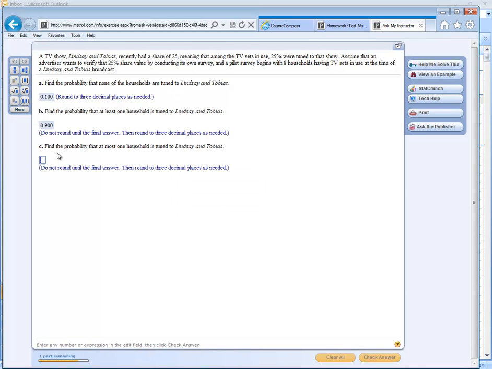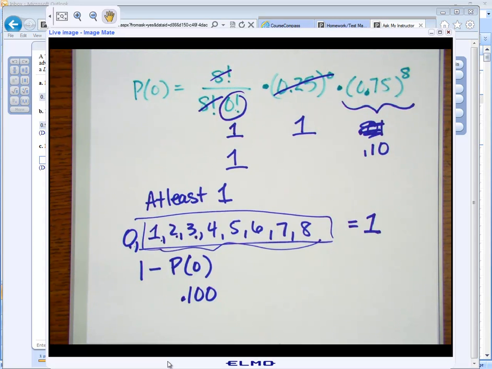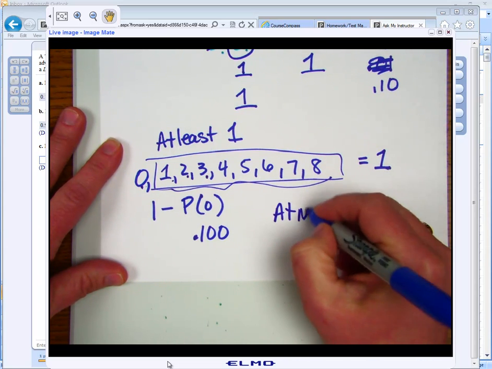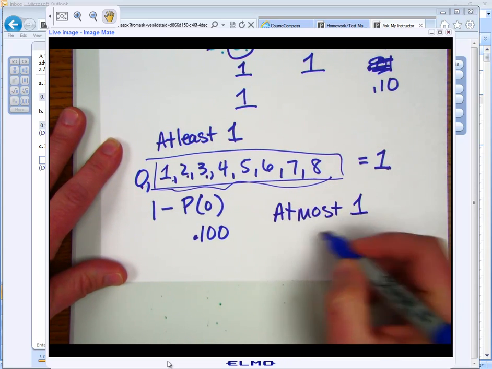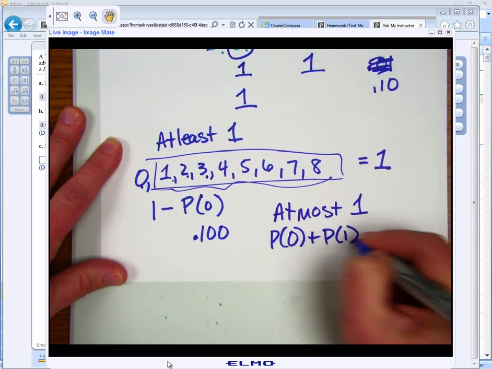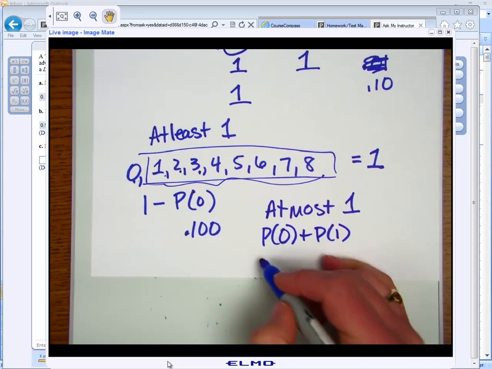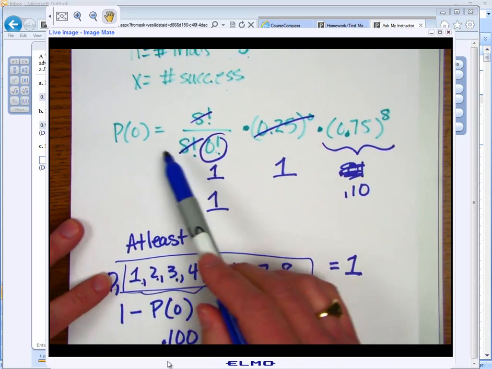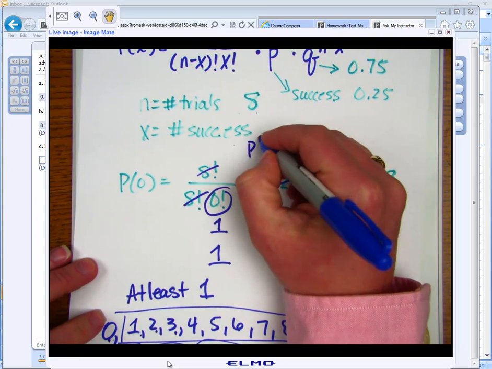And now the last one, it says at most 1. So let's look at what at most 1 means. If at least 1 means 1 and higher, at most 1 means 1 or lower. So it's the probability of 0 plus the probability of 1. Now we already know the probability of 0. We calculated it here. We could go back and do the same thing for P of 1.